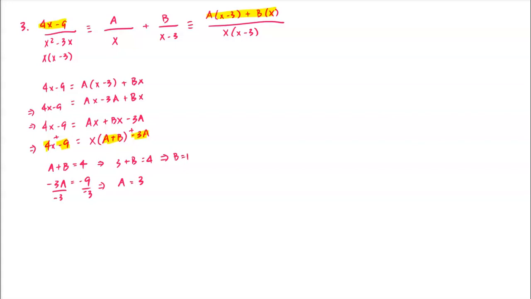Let's go ahead and rewrite it. With a = 3, 4x minus 9 over x squared minus 3x actually equals 3 over x plus 1 over x minus 3. Now to check: x times (x minus 3), 3 times (x minus 3) plus x equals 3x minus 9, distribute, plus x.